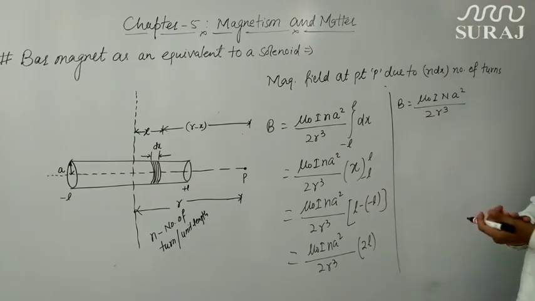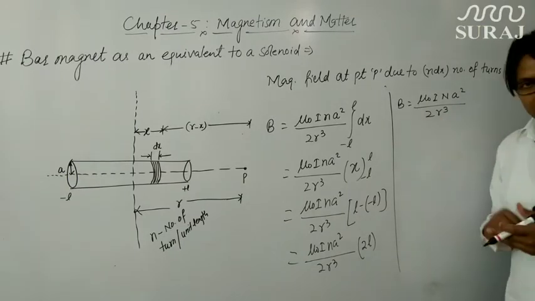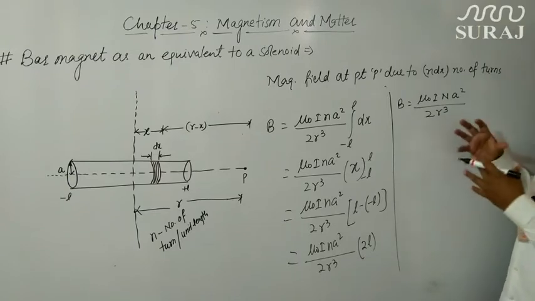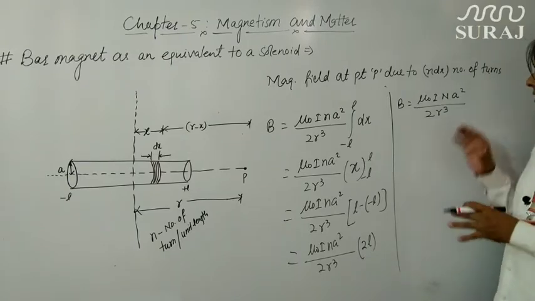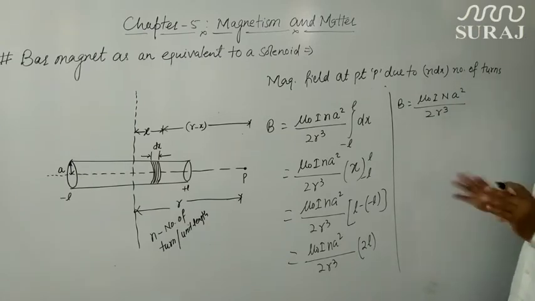Now actually we have to prove this magnetic field as equivalent to the bar magnet. So we have to do some improvisation in this equation. The improvisation we are going to do is very simple.